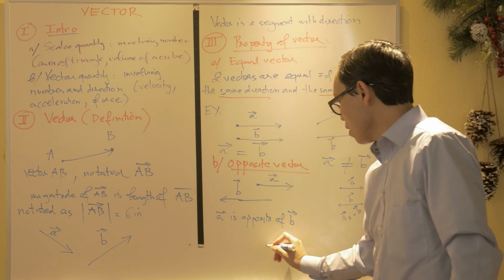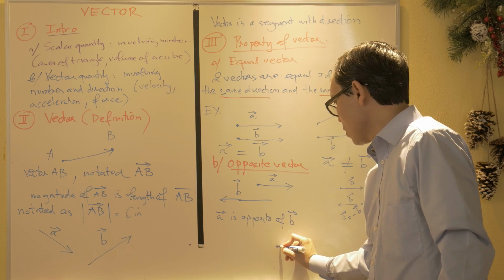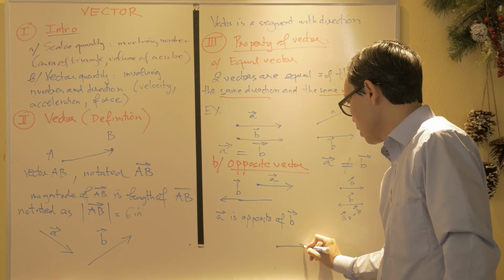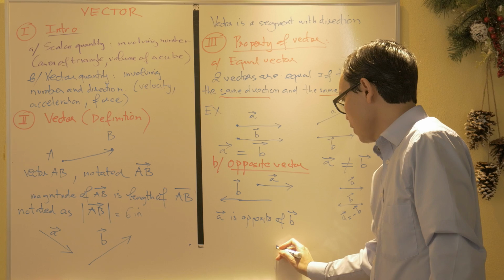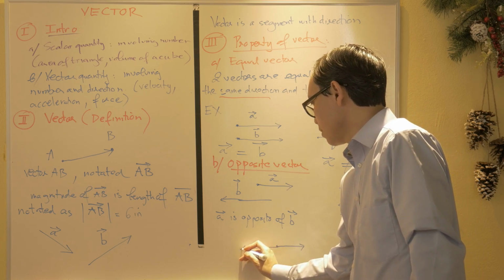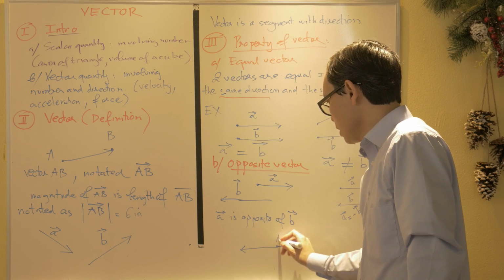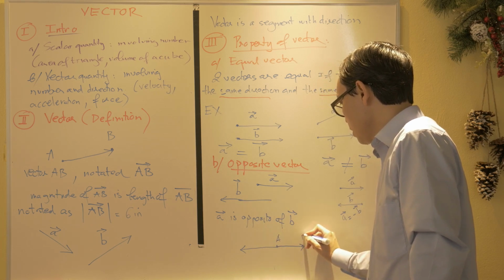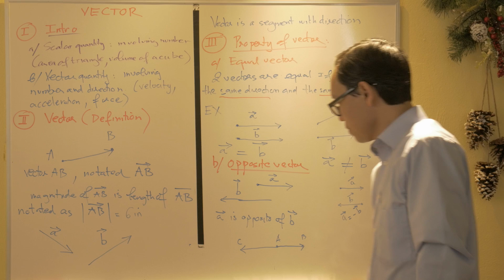Or I can have another example. I have one vector going this way. Okay, and another vector is on the same line. It's collinear. Okay, and I call it vector AB, and this vector AC.